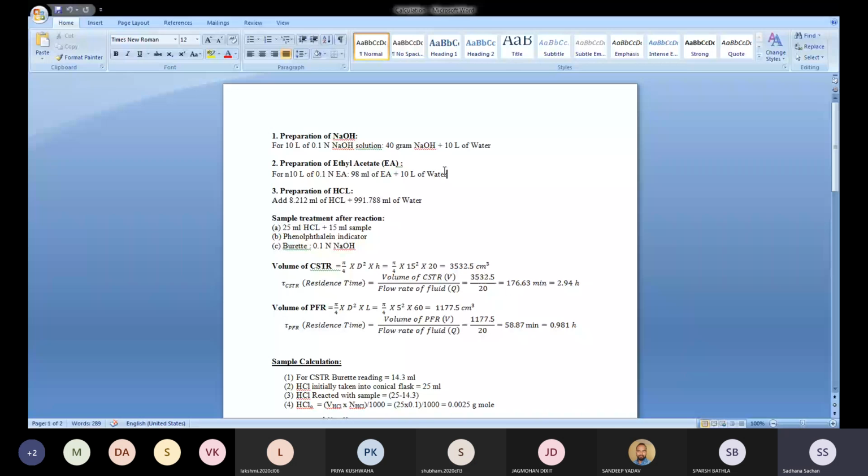So for 1 liter this will be 8.8 gram, divided by the density 902 kilogram per meter cube, converting into gram per meter cube. So it comes as 0.0098 liter, that is 9.8 ml. So for 10 liters, 9.8 multiplied by 10, that we can measure from the measuring cylinder. This way they have written 98 ml of ethyl acetate in 10 liters of water.